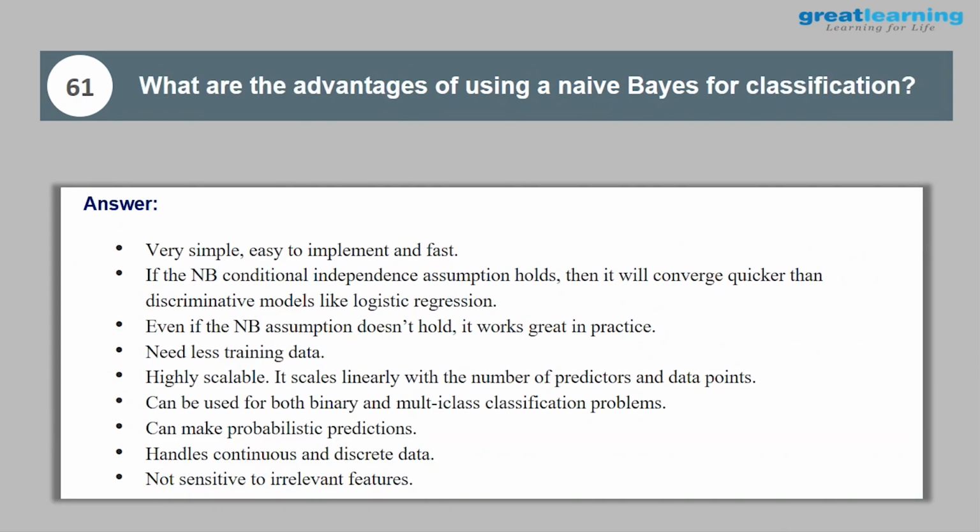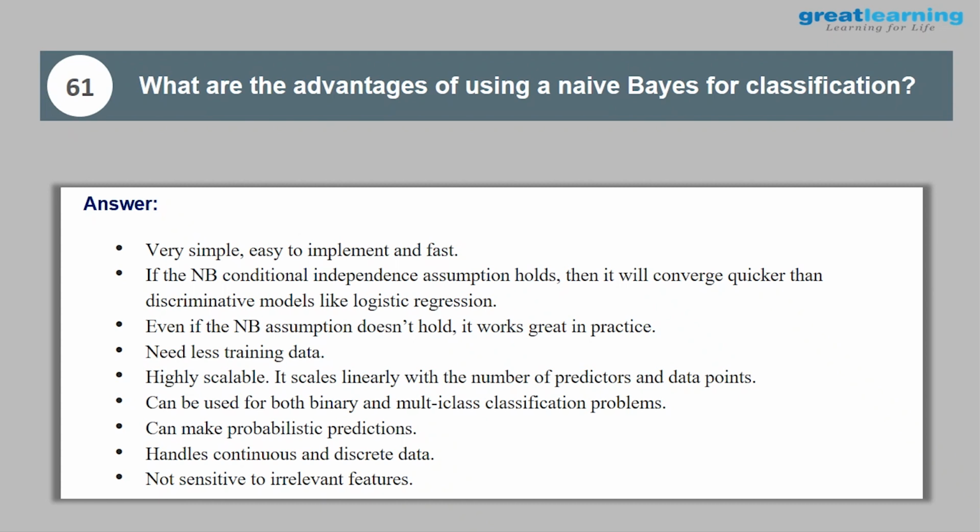Now let's have a look at what the advantages of using naive Bayes for classification are. It is very simple, easy to implement and fast. If the NB, that is the naive Bayes, conditional independence assumption holds, then it will converge quicker than discriminative models like logistic regression.